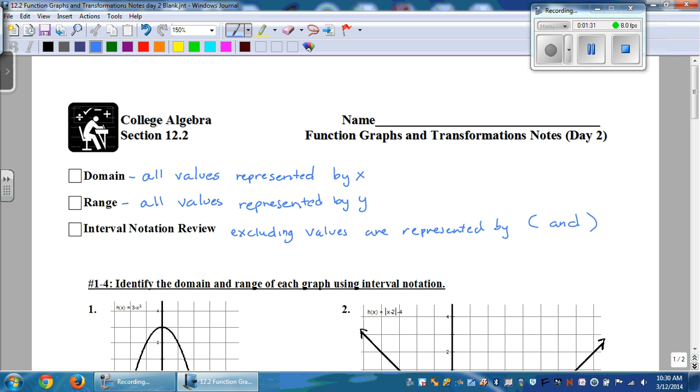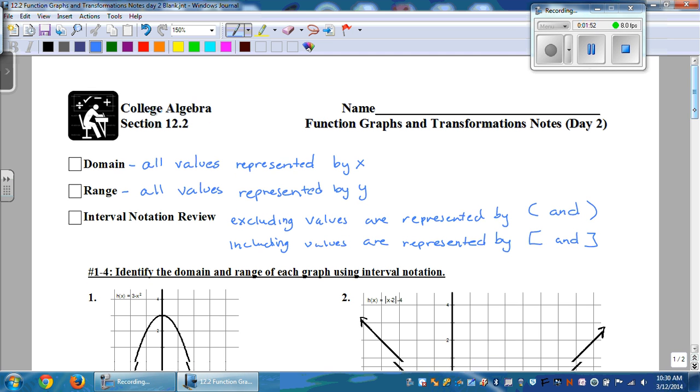And if it's included, values are represented by brackets. Okay, so open circles, we have parentheses, closed circles, brackets.